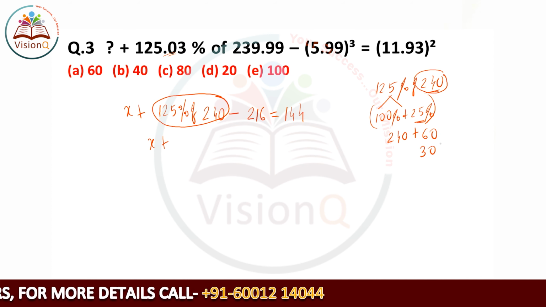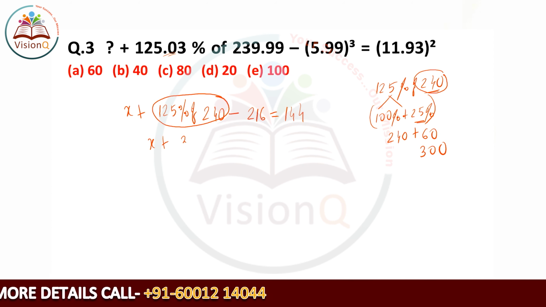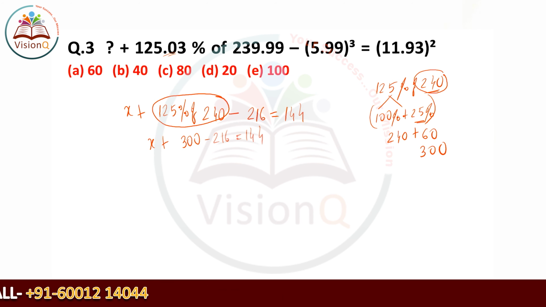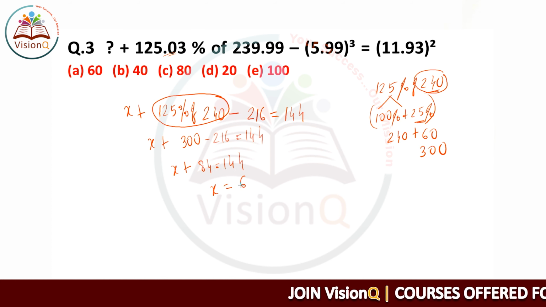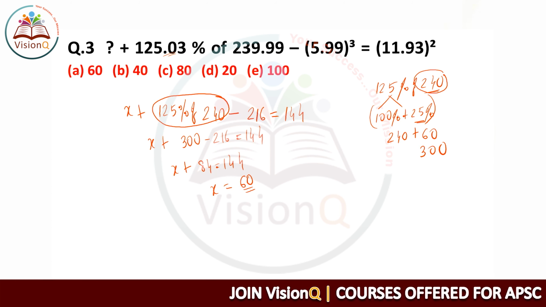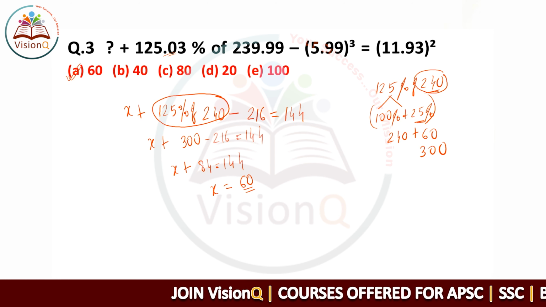So 240 plus 60 is 300. So x plus 300 minus 216 equal to 144. So 300 minus 216 will be 84, equal to 144. So x will be equal to 144 minus 84, which is 60. So the answer will be option number A, which is 60.